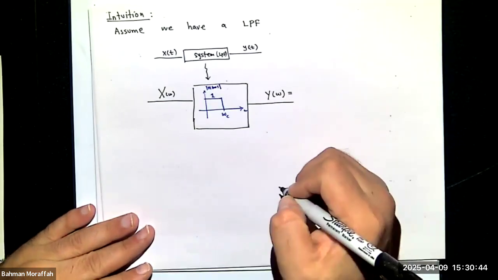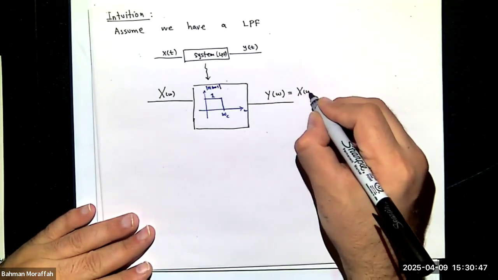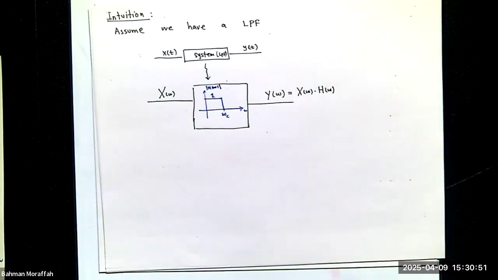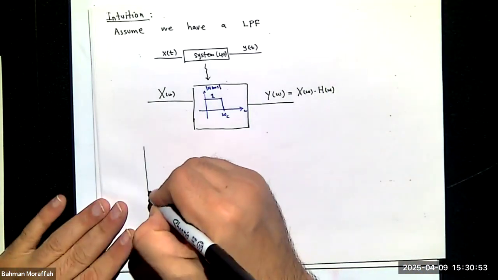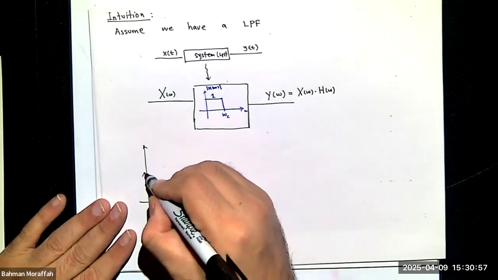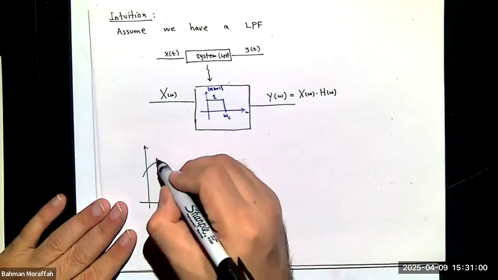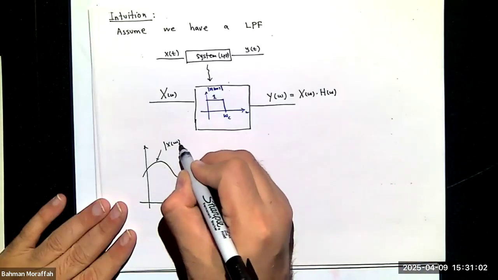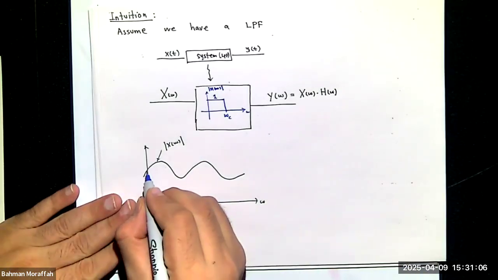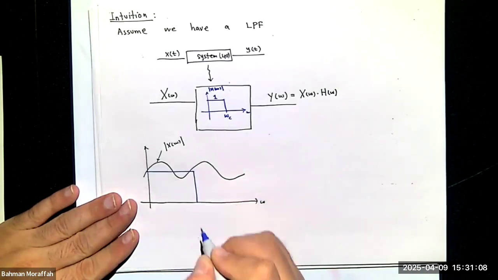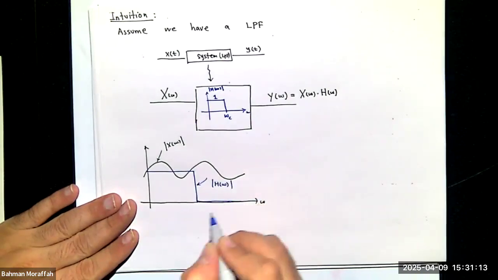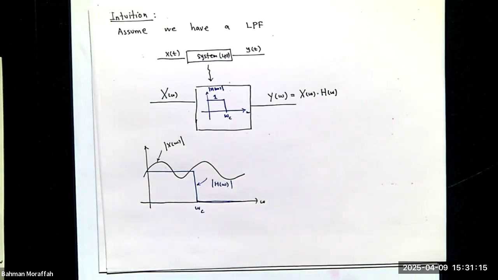What is this output? This output is X of omega times H of omega. Right? So let's assume my input X looks like this. This is the absolute value of X of omega. Right? And obviously this is my H of omega.